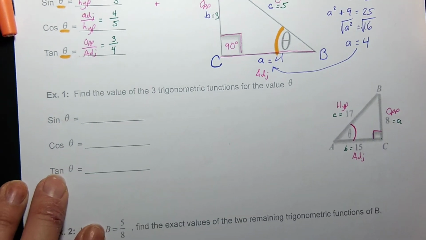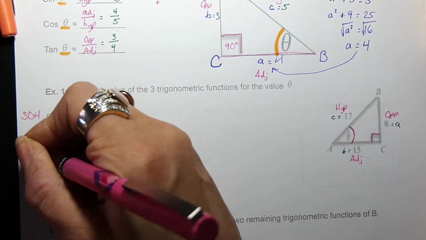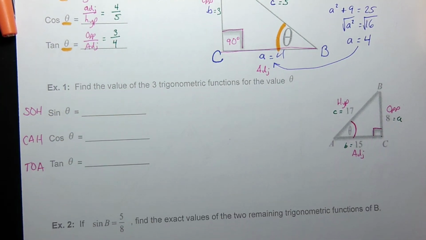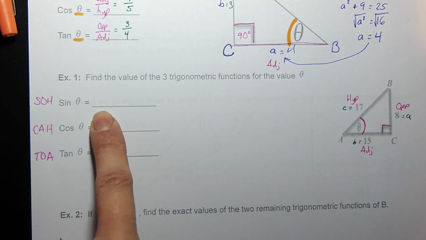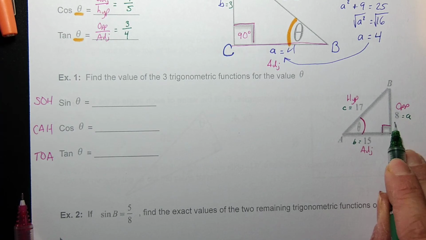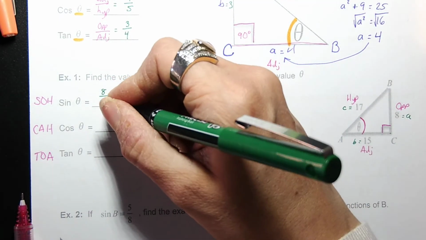So sine, cosine, and tangent for that angle: SOH, CAH, TOA. Sine is going to be the opposite side over the hypotenuse side, or 8 opposite over 17 hypotenuse.